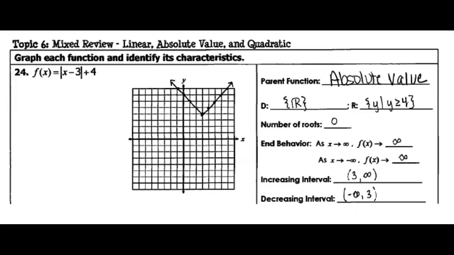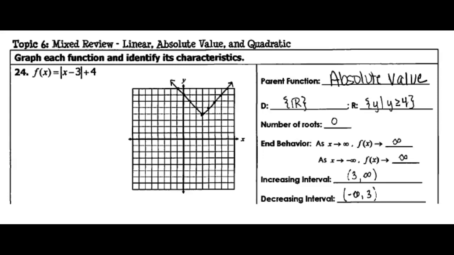For the last set, again, just remember to write in interval notation. What we're not going to worry about is finding the roots and the end behaviors. And where the interval is increasing and decreasing, you don't have to worry about that. So we're just Xing those out. Just be able to graph the function.